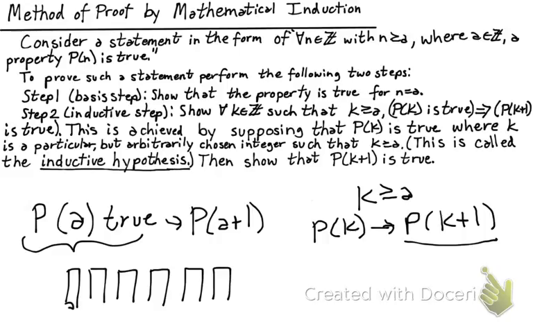And just showing that the first value is true, and that assuming that any given value in here is true leads you to the next value being true, sort of knocks all of these down at once. It allows you to prove that it's true for every value of k greater than or equal to a, just by doing that. How do we actually go about it?